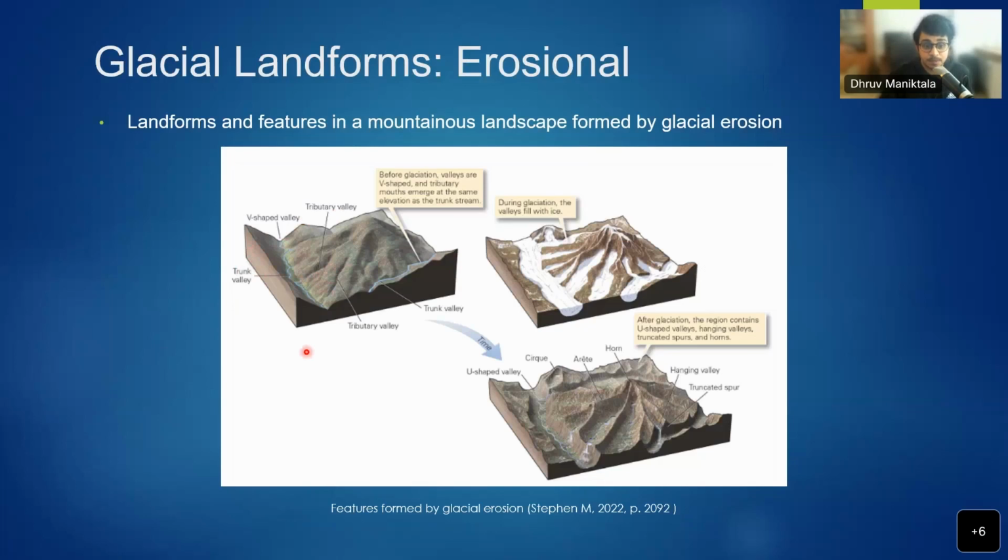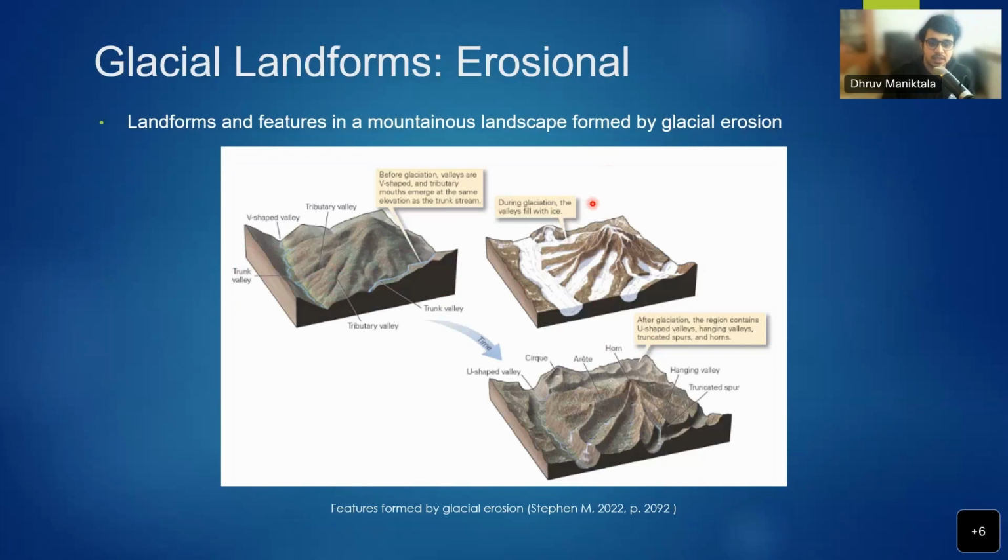And when the glaciation happens, when these places are completely filled up by snow and ice, it looks like this, the glacial landscape. Basically, all the valleys and all the places get covered by ice.